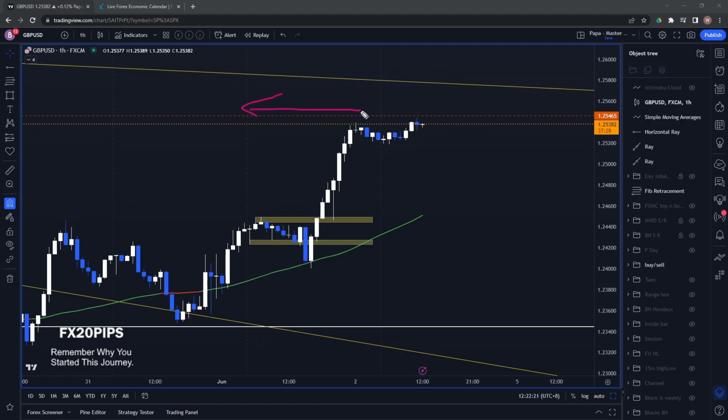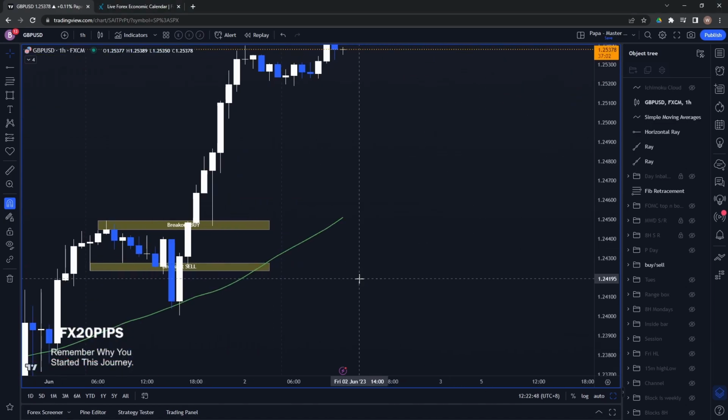It was yesterday, and yesterday we had the buy zone and sell zone. As usual, the first and second candle is very important. As you can see, the first candle closed below the sell zone, but there is no continuation of bearish candle. Let me just zoom in. There we go.